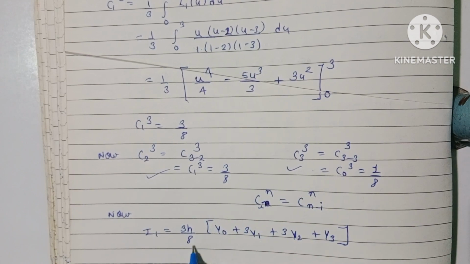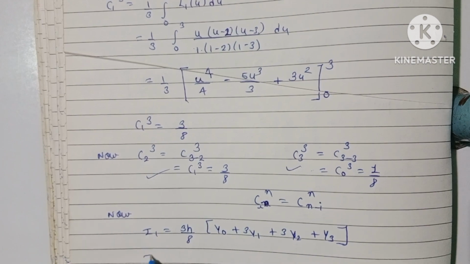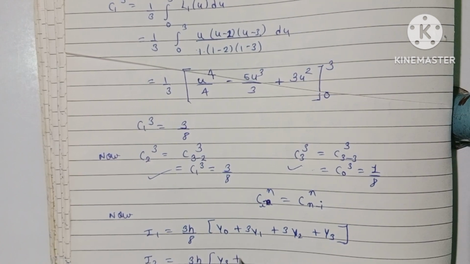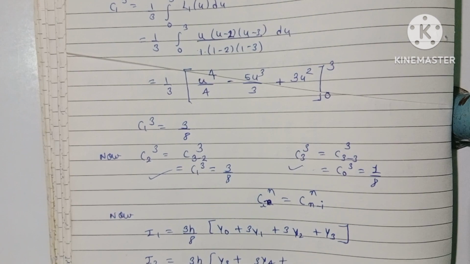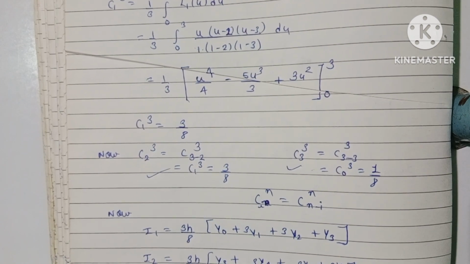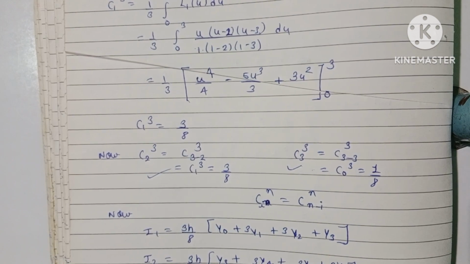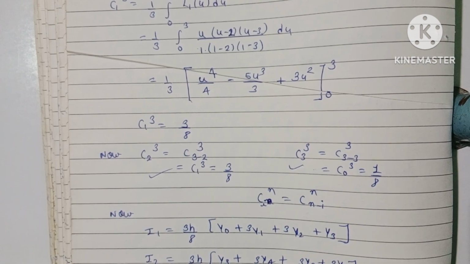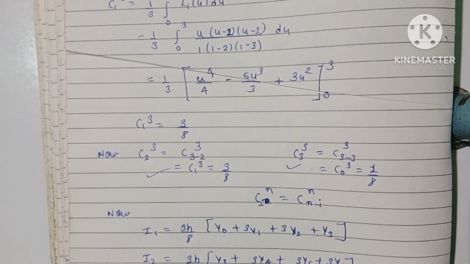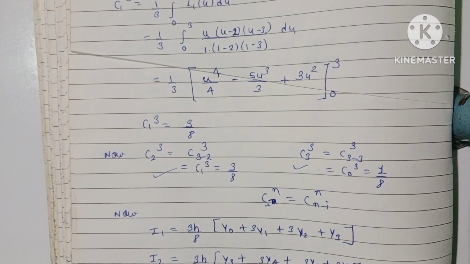Similarly I2 equals 3h by 8 times (y3 plus 3y4 plus 3y5 plus y6), and it will go on, and we find In equal to 3h by 8 times (y_(n minus 3) plus 3y_(n minus 2) plus 3y_(n minus 1) plus yn).